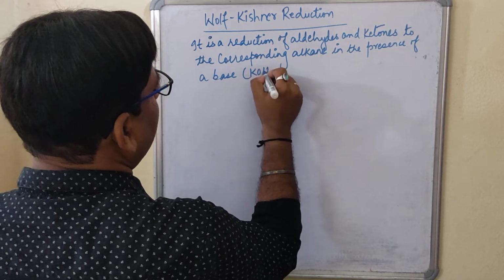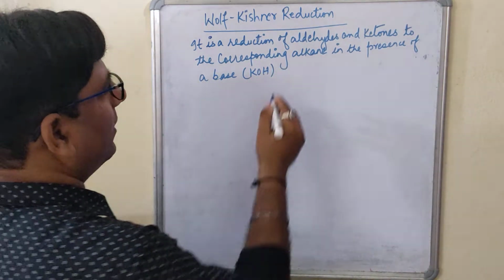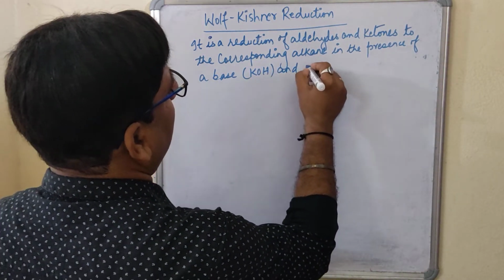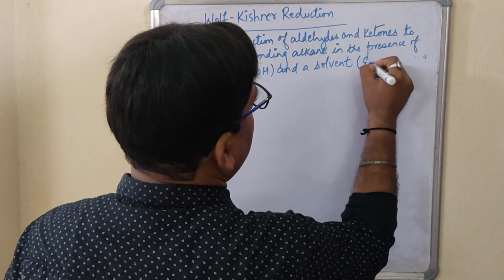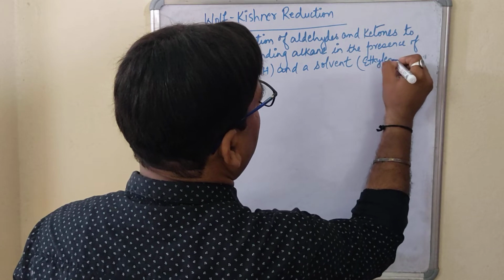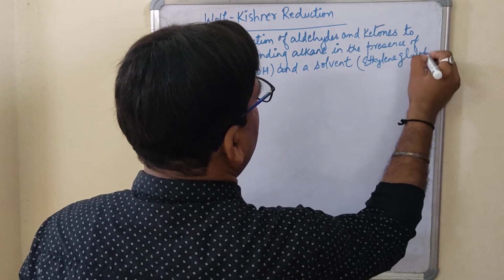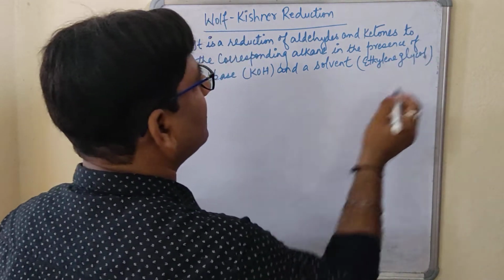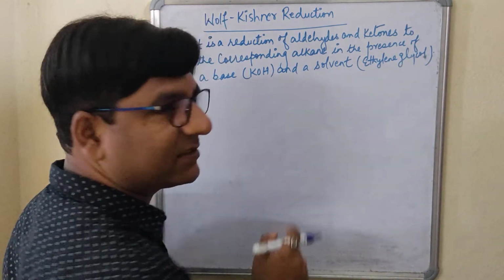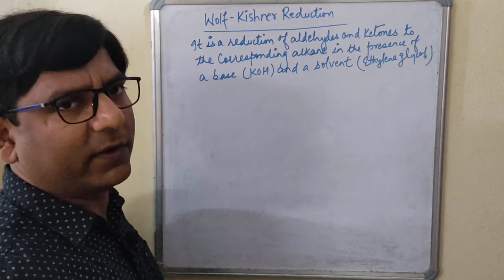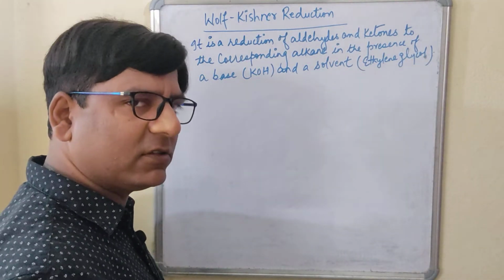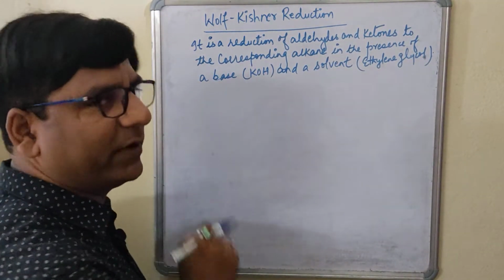You can use KOH as a base, okay, and a solvent, and that solvent you can use ethylene glycol. Now here this ethylene glycol can be used as a solvent, and we are using a base, that is the KOH. Okay, you can take NaOH also. Here I have written KOH.